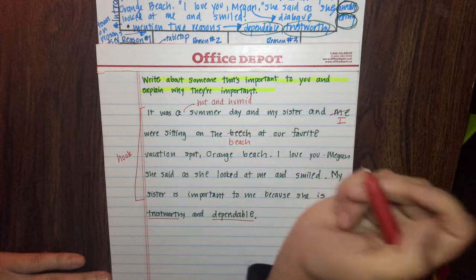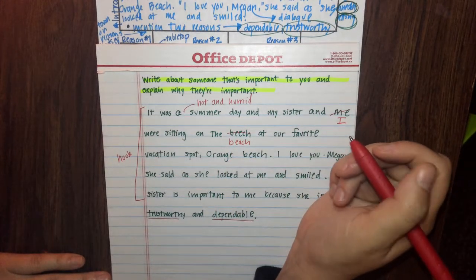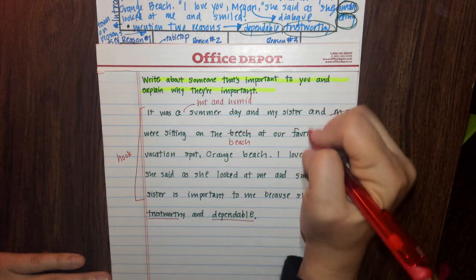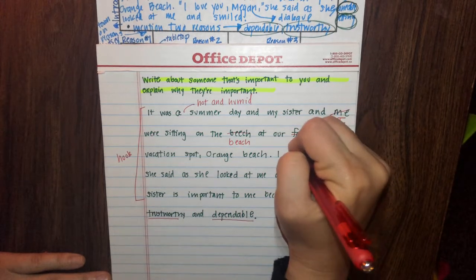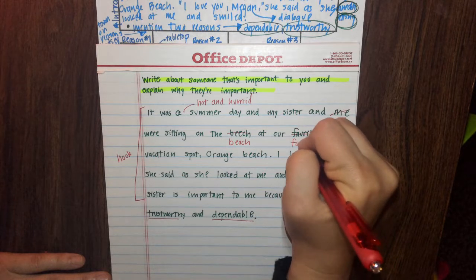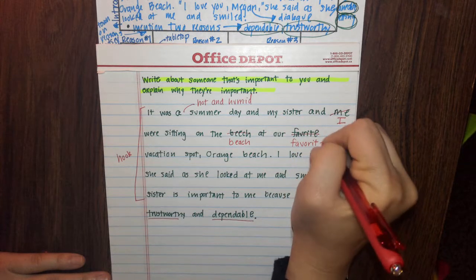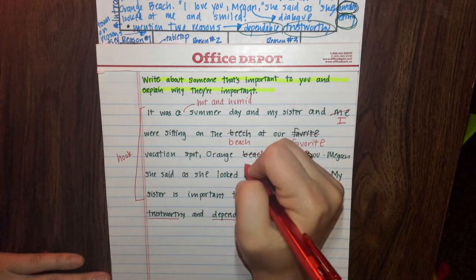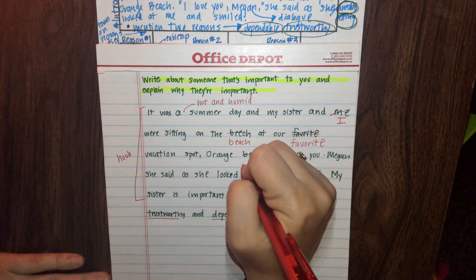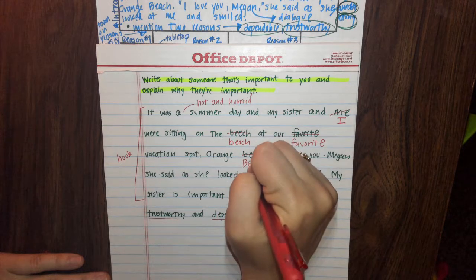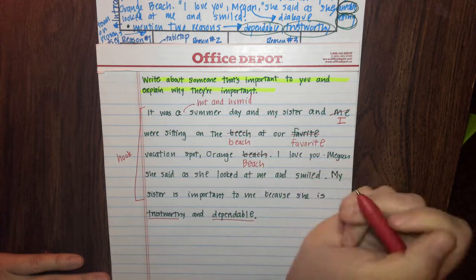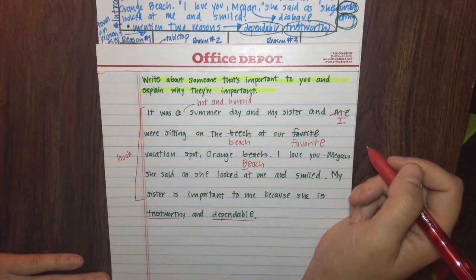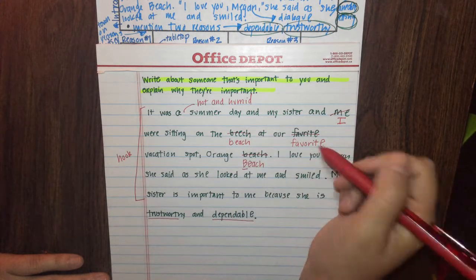So it's good to go back and make sure that all of your spelling is correct whenever you're going through and revising and editing. I also forgot a letter in favorite. And then Orange Beach. Think about our common nouns versus proper nouns rules, capitalization rules. Orange Beach is a place, so B is capitalized. Whereas if it just said the beach, this B is not capitalized.